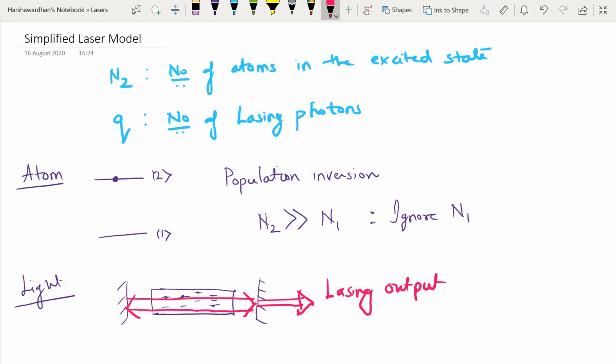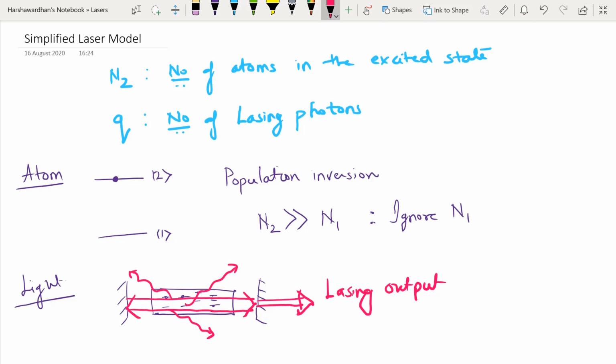Now you see, when the atoms are in the excited state within such a cavity, they will be releasing light in all directions because of spontaneous emission as well. We have not in any manner changed the possibility for spontaneous emission. So within this light, there might be modes which are not lasing modes.